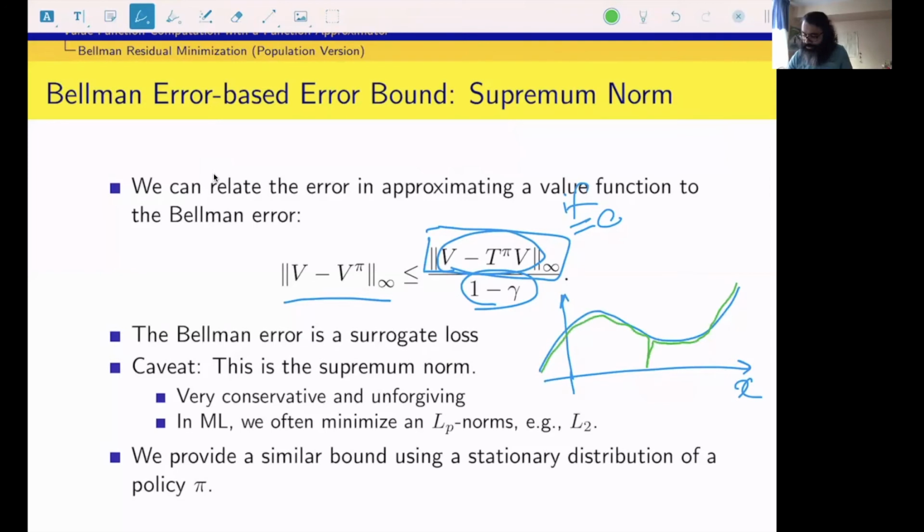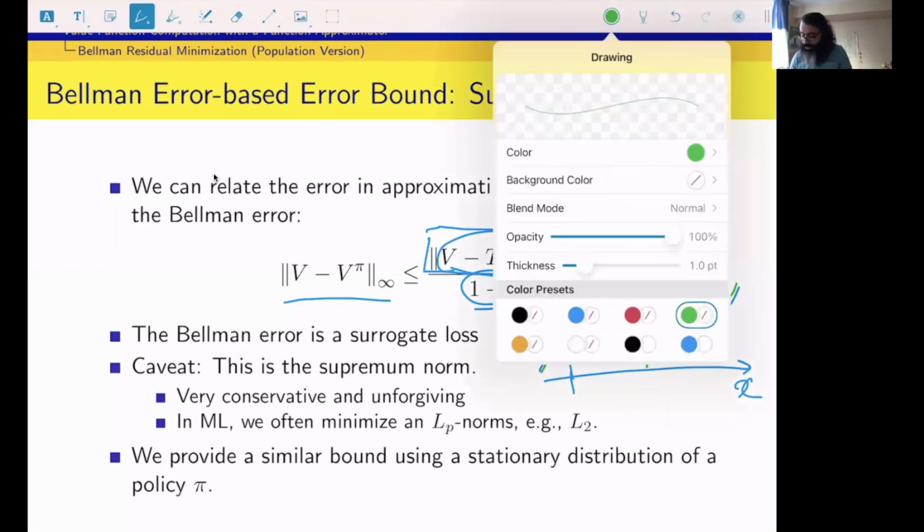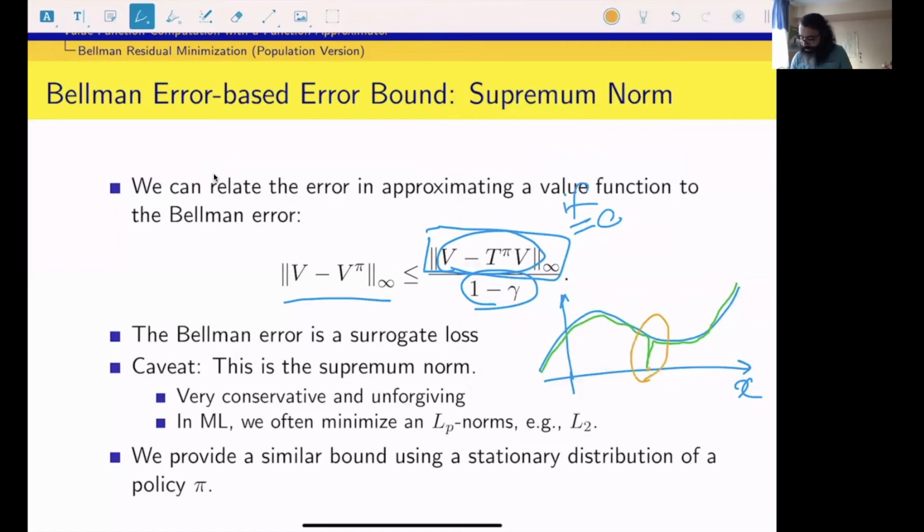Everywhere it is close, except at one state x. The supremum norm of this difference is going to be essentially determined by that single point.